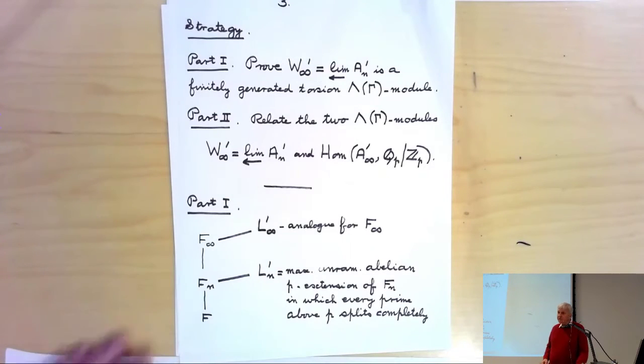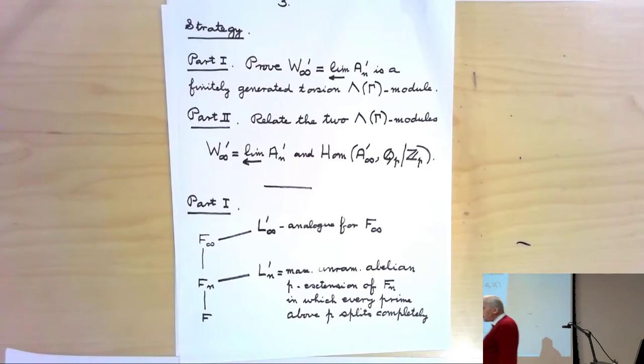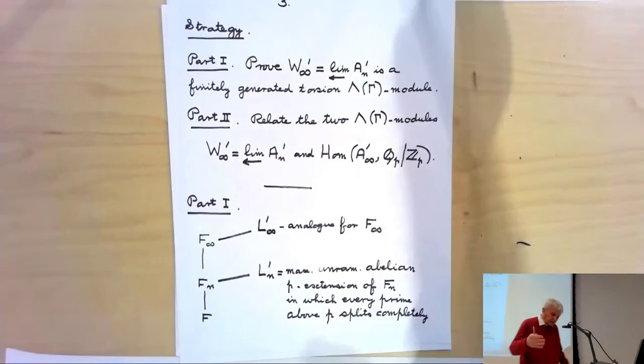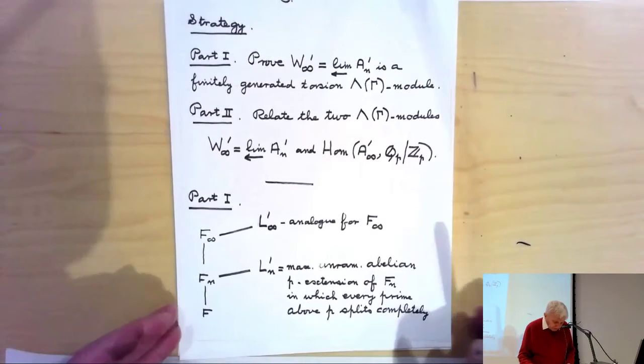So the way to study W infinity prime, of course, is to interpret it as a Galois group, and then argue a little in the spirit we will begin to argue for the extension M infinity over F infinity.